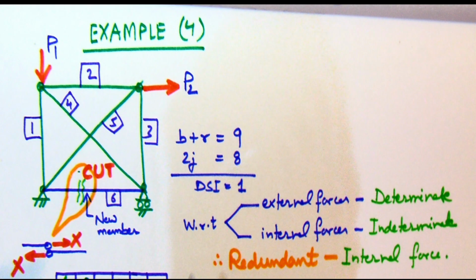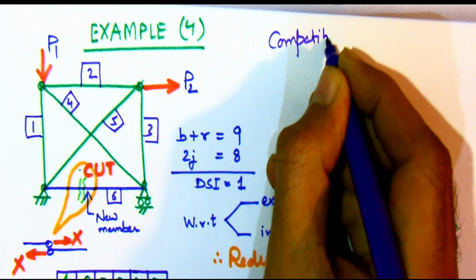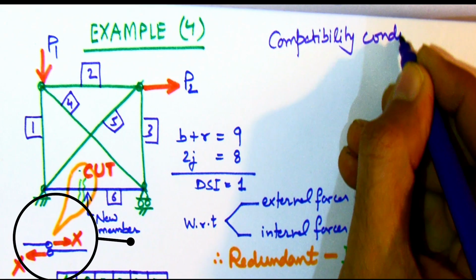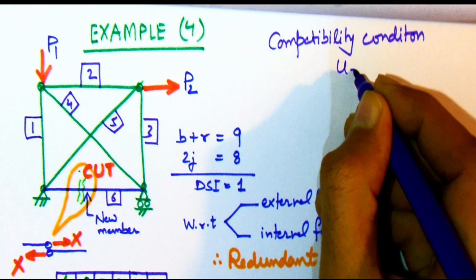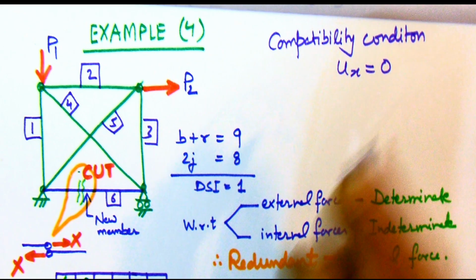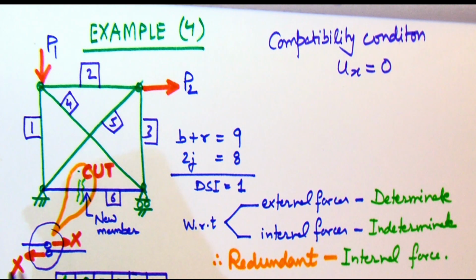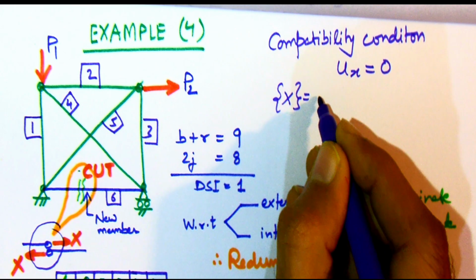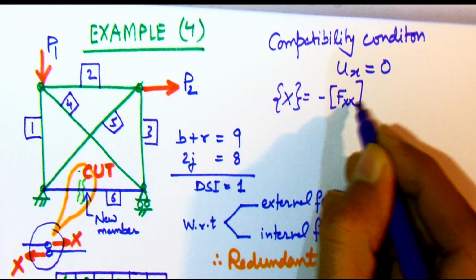Now what will be the compatibility condition? Here we have the two cut points of member number 6. When we are applying the forces P1 and P2, the two cut points undergo some relative displacement. Similarly, when we apply the redundant force X, they again undergo some displacement.